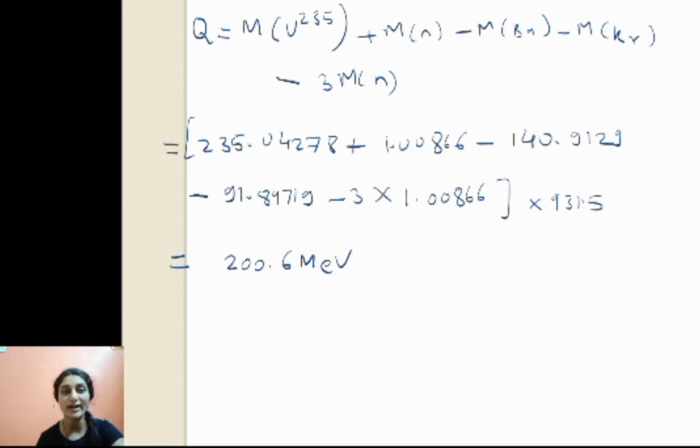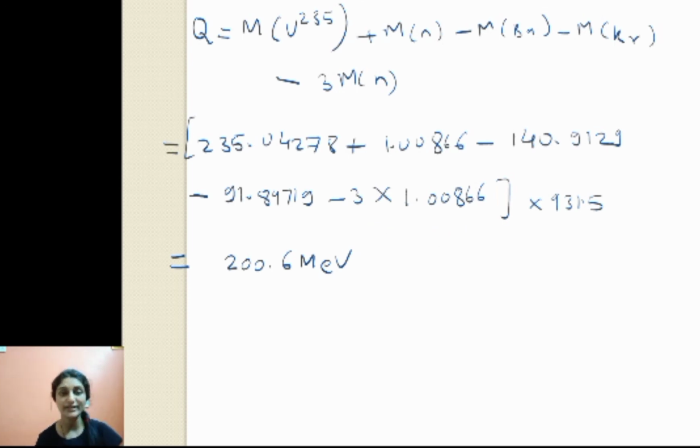If I substitute the values: the atomic mass of uranium 235 is this value, the mass of a neutron is 1.00866 AMU, the mass of barium is 140.9129 AMU, the mass of krypton is 91.89719 AMU, and 3 times the mass of a neutron, that is 1.00866.